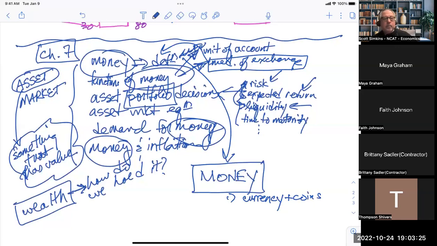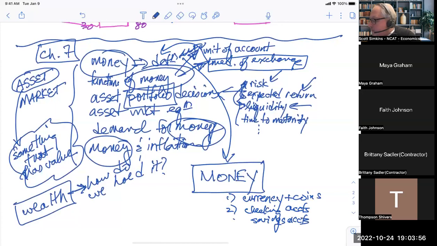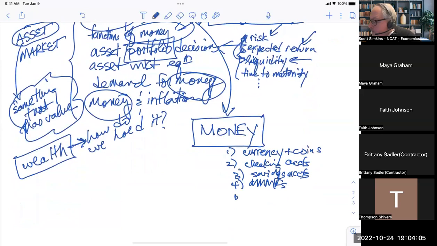That's not the most important kind of money in the economy, but it is part of money. We're talking about banking accounts of some sort. Yeah. So checking accounts, savings accounts, money market mutual funds, certificates of deposit.